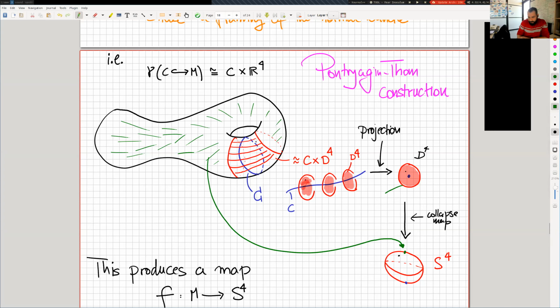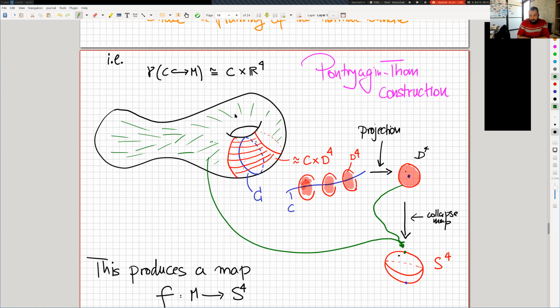The boundary of this one here is mapped to this point here, and this gives you a continuous map, because if you have a point here, it maps here, and if you go to the boundary, you still stay here. But if you go from the boundary into the interior of this, you just get a continuous map from here to this point here.